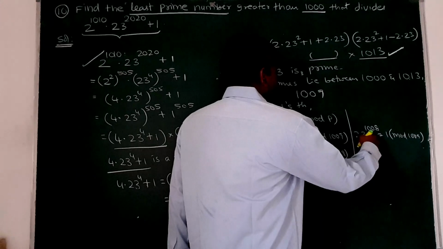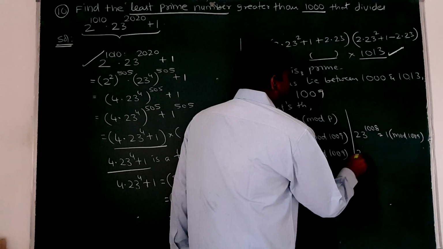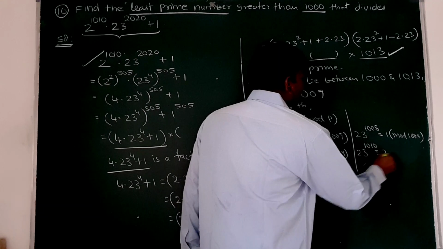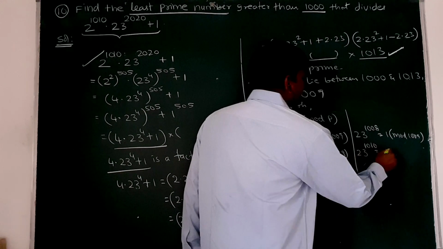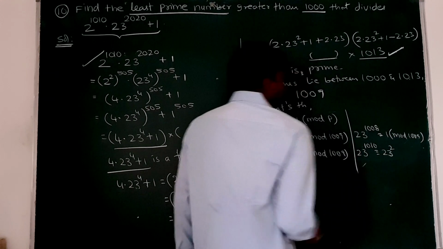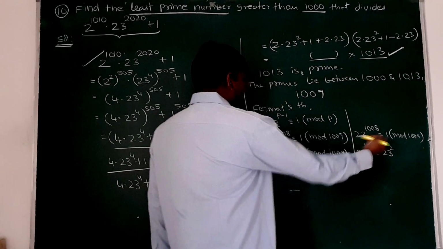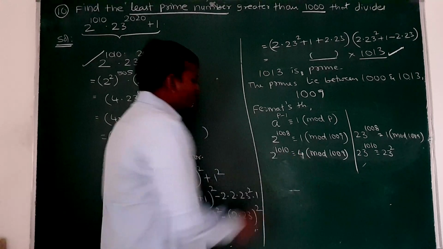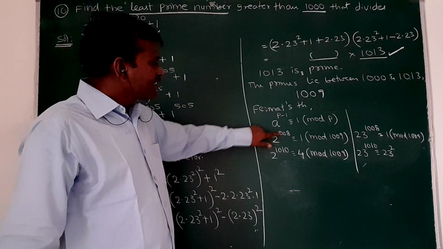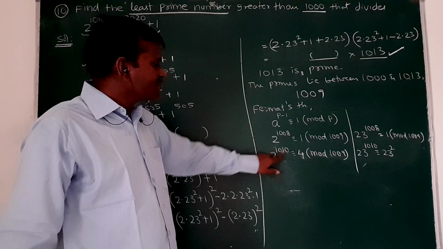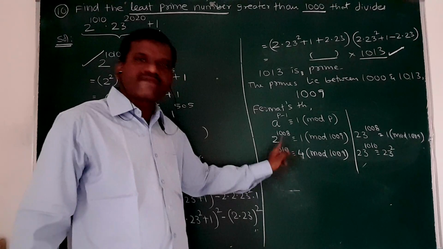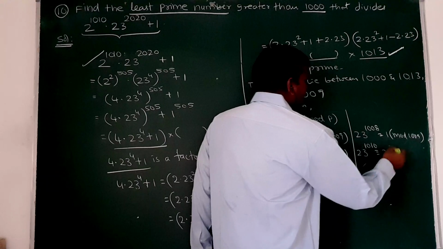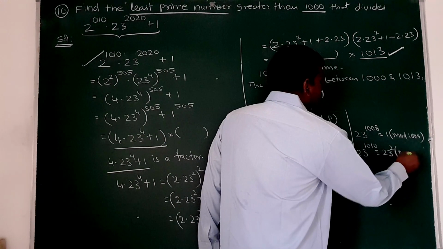So if I multiply both sides by 23 square, I am getting 23 power 1010 is congruent to 23 square mod 1009. Here also I multiplied 2 square, so that's why I am getting 4. Why? Because I want 2 power 1010, which means multiplying both sides by 2 square. Here also I multiplied both sides by 23 square, so that I am getting this value.